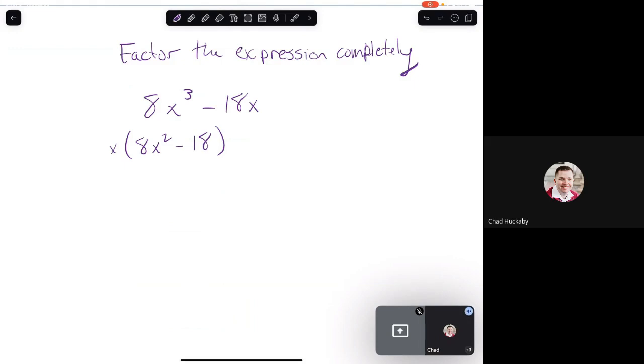I still don't think that's fully factored. I think we can factor out more for a greatest common factor. I think we can factor out a 2, so 2x times 4x minus 9. Can that be factored any further?